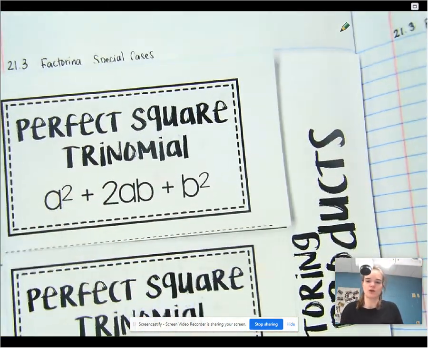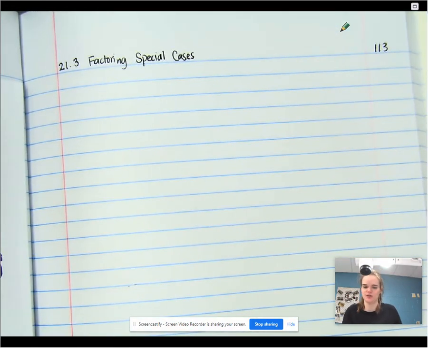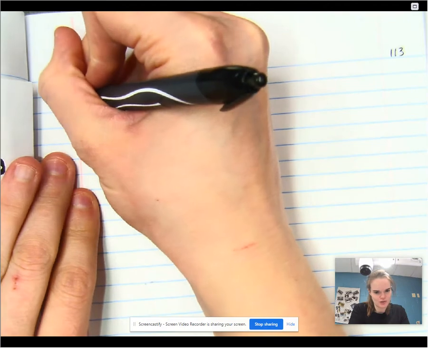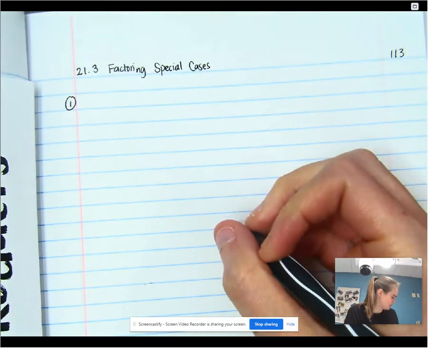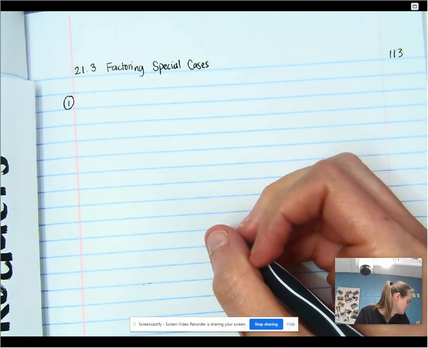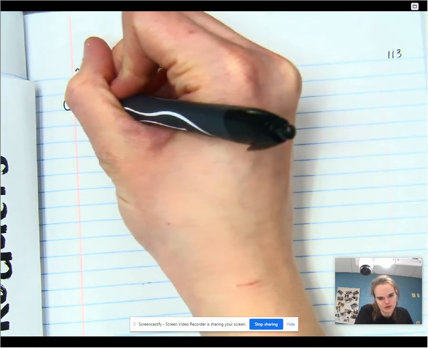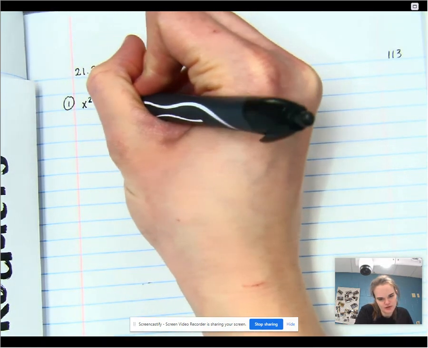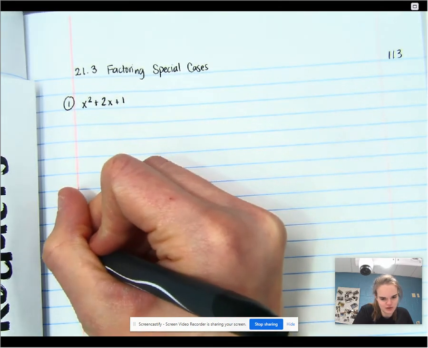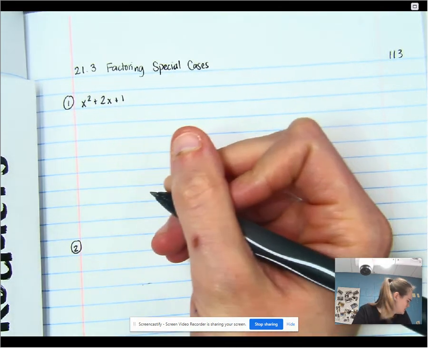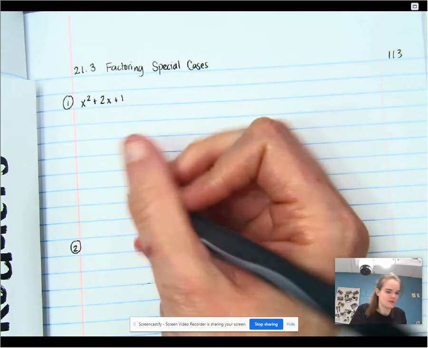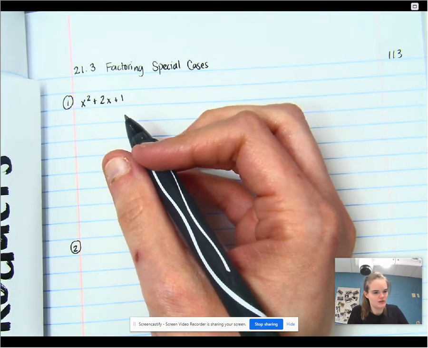All right, there's 112. Let's write on 113. We're not going to do very many examples. We're going to do a couple of each. I'm just going to start with number 1, and you're going to work them on your own. X squared plus 2x plus 1, and I'm going to skip down and put number 2. Let me make sure we didn't already do that one.